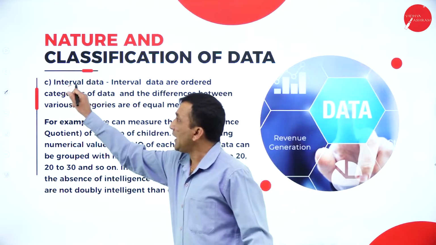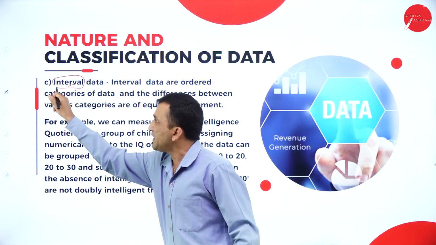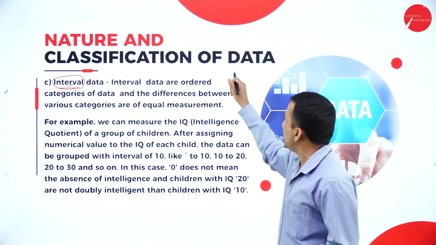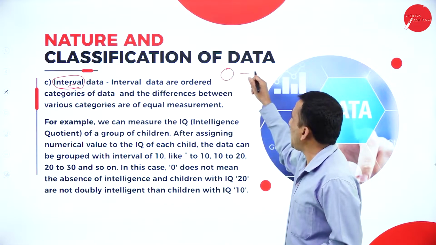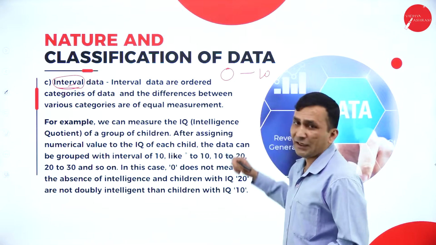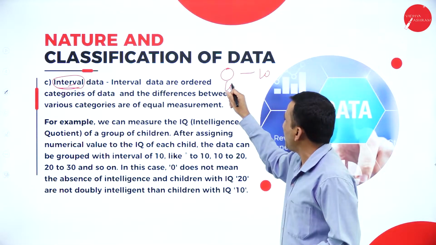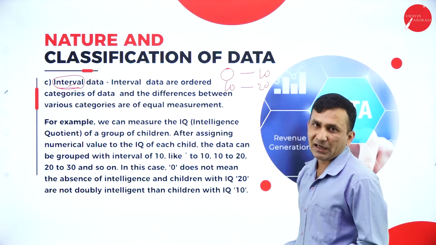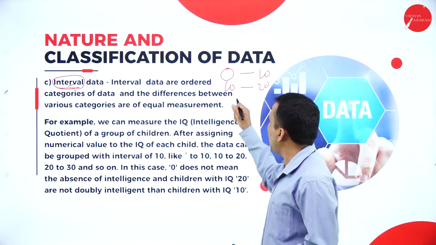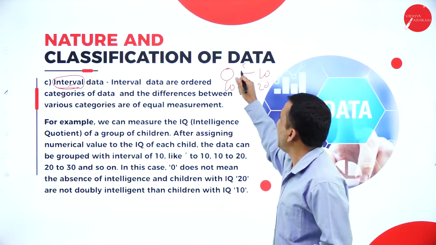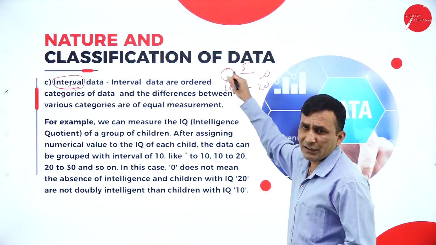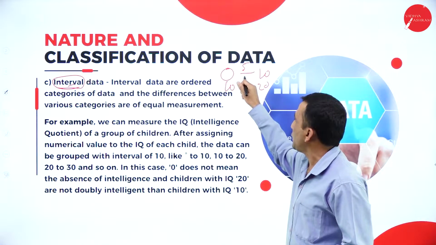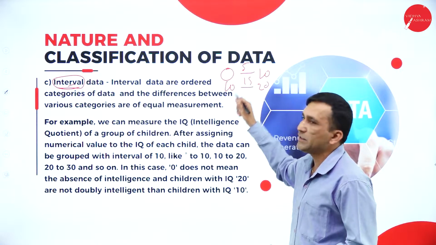Interval data, as the name specifies, involves intervals. Interval means, for example, 0 to 10 is a difference of 10, and 10 to 20 is also a difference of 10, an equal difference. If anybody's score is 5, they lie in the first class, 0 to 10. If you take 15, they lie in the second class.